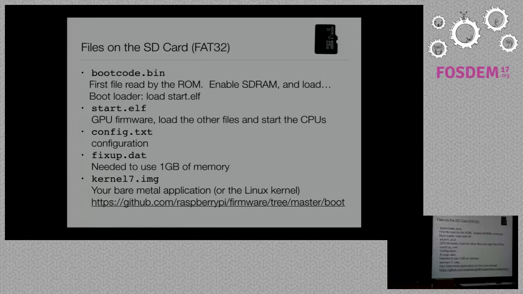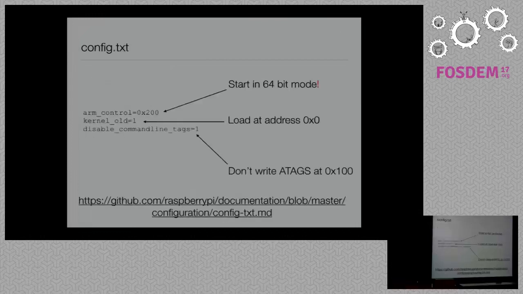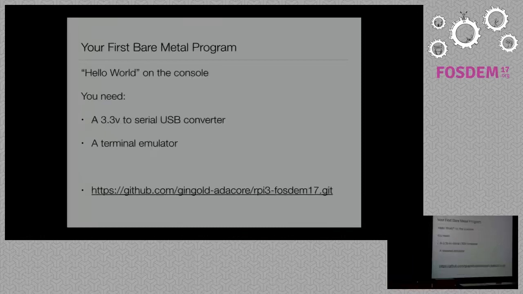If you want to execute 64-bit code, you have to specify some commands in the config.txt file. But it's explained. So let's start our first bare metal program.